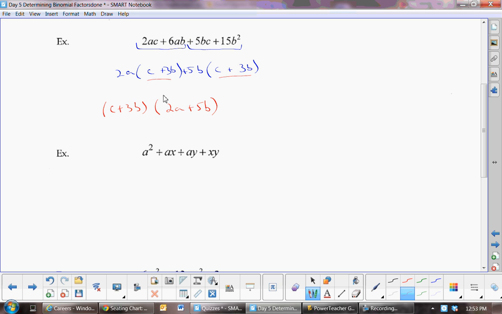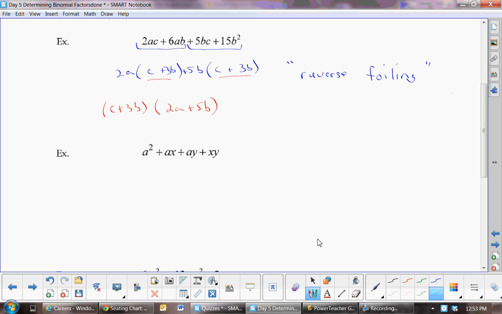So, do you see what we're doing right now? We're now doing what I would say is reverse foiling. Okay, we're going 100% backwards. And the way that you would find out if your answer is correct is foil it.